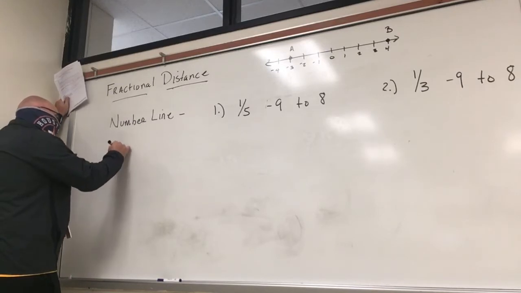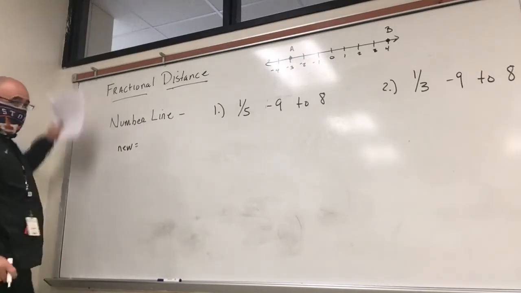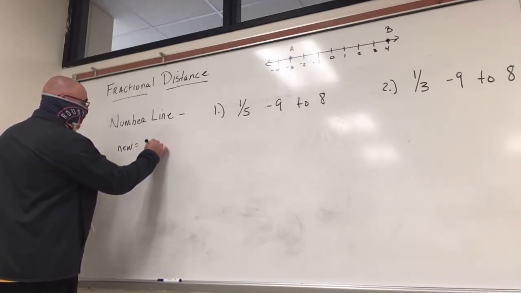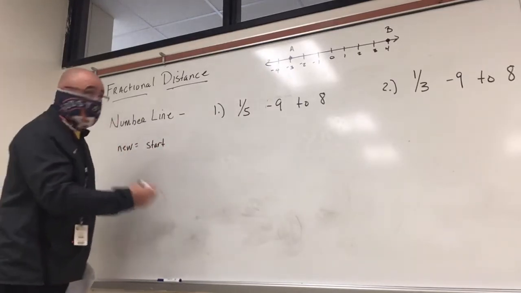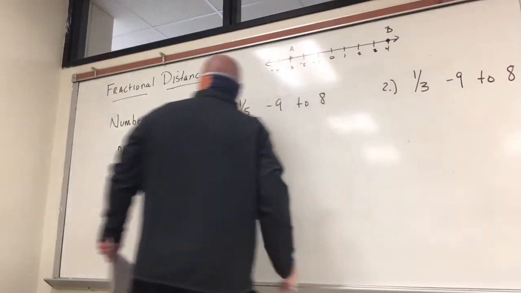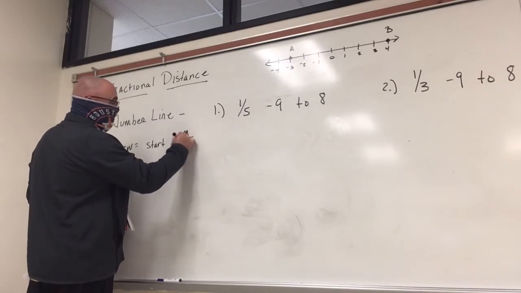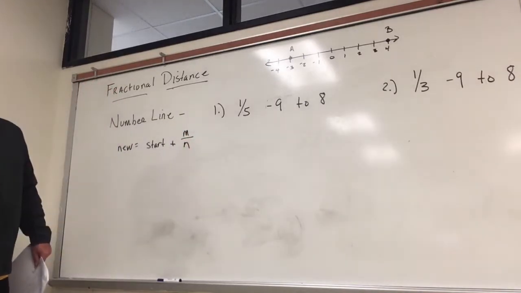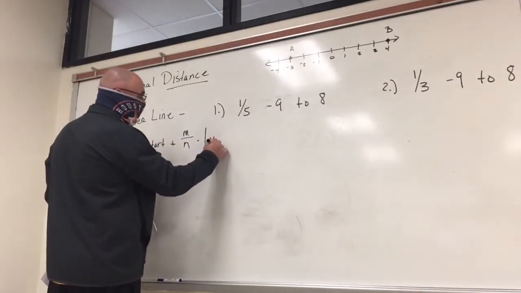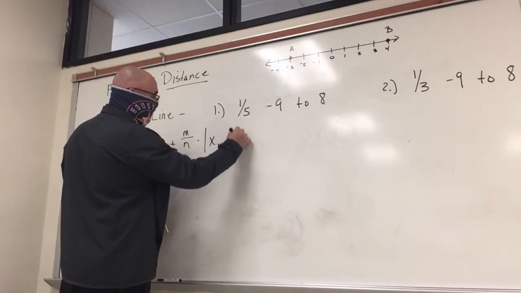My new point, the point we're looking for, is equal to your start point, which is the point we're given first, which in this case would be -9, plus the fractional distance, I'll just write it mn, times the absolute value of your first point minus your second point.